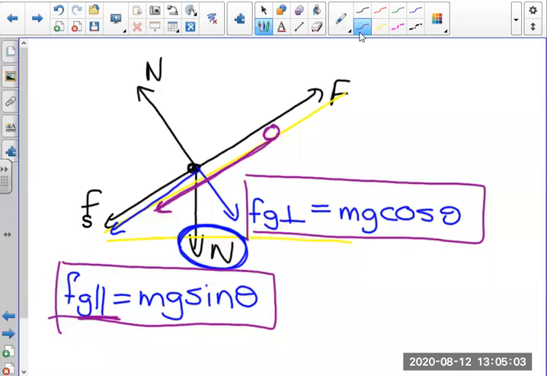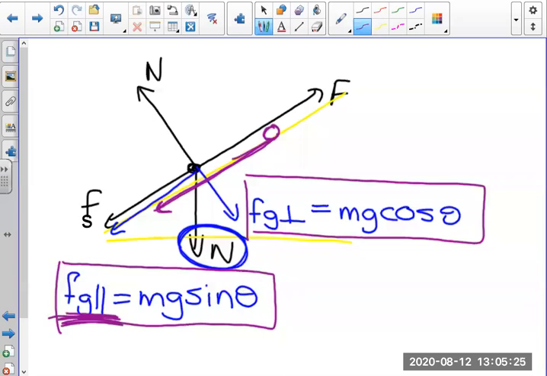We can't say the force is Fg parallel because that's a component of the gravitation force. So what does gravitation do? It makes sure that the object wants to go down the slope. So therefore, when we work with this, we must never forget about Fg parallel, the component of the force.